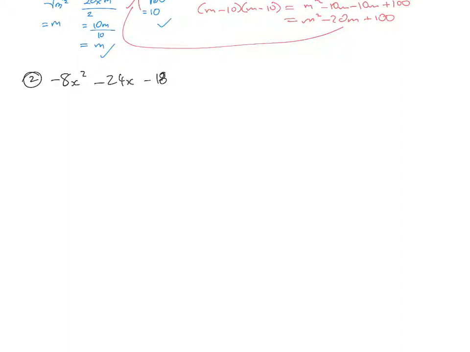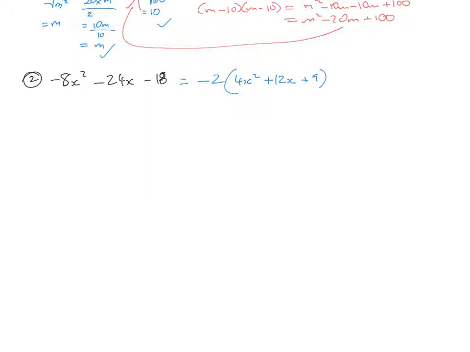So you can remove the common factor of -2 from all of these. So what would I have to times by -2 to get -8x squared? 4x squared. What would I have to times by -2 to get -24x? Positive 12x. And what would I have to times by -2 to get -18? Positive 9.